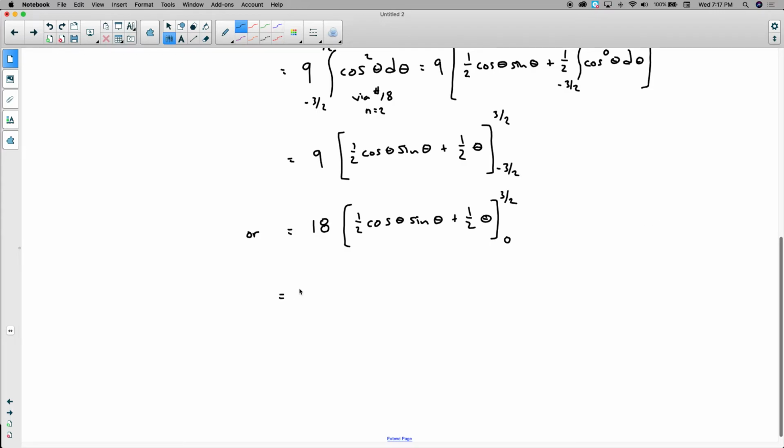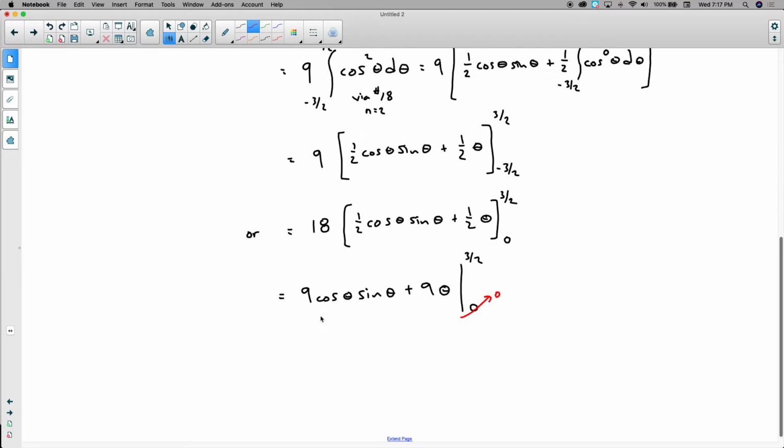Okay, so it looks like it's probably a good idea to go ahead and distribute into 18 as well and turn these things into 9 cosine theta sine theta plus 9 theta evaluated from 3/2 to 0. And this one just zeroes out.